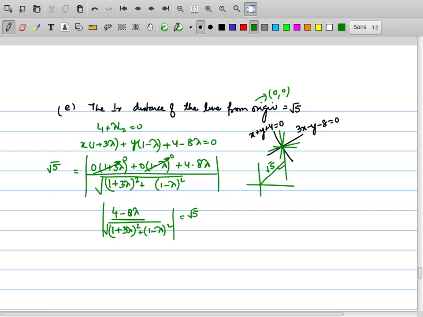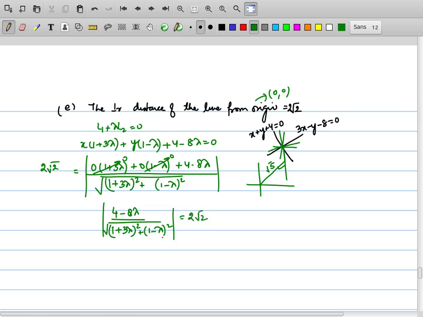Now for convenience, let's take this root 5 as 2 root 2, so as to make the question a little simpler. So this becomes 2 root 2.